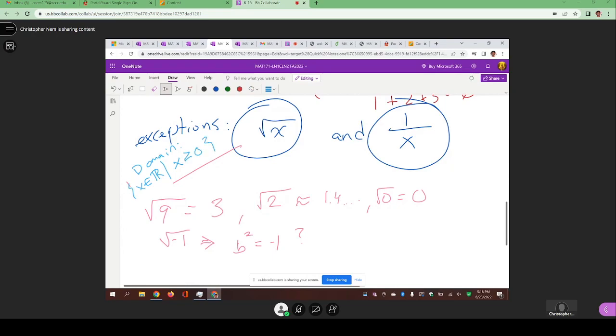You can have 0, but everything past that, we're good to go. Square root of 0 is 0.